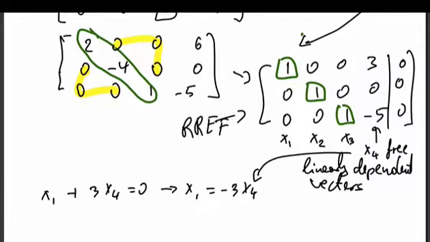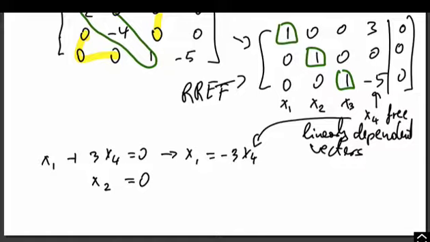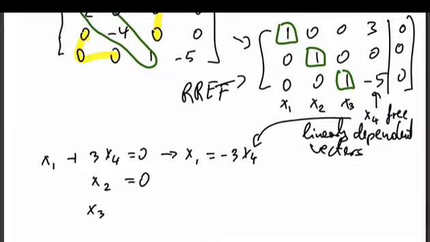Then the second row, x2 equals 0, there is nothing to solve there. And then the third one, x3 minus 5x4 is 0, and we get x3 equals 5x4 as a solution.